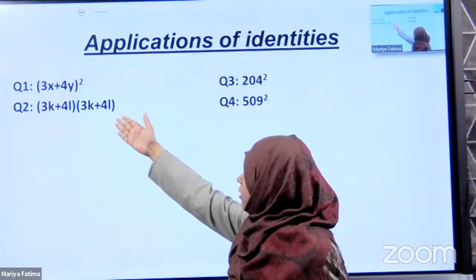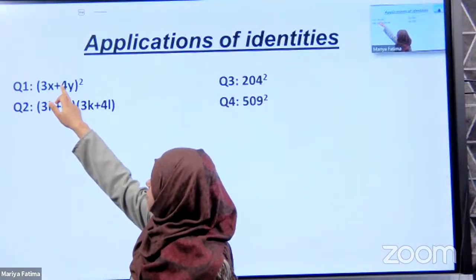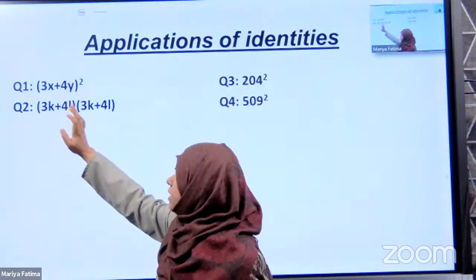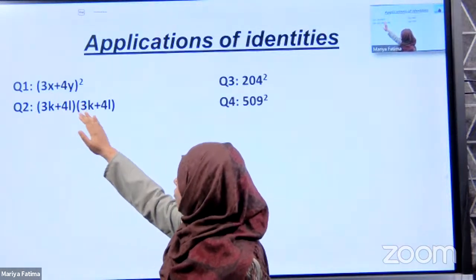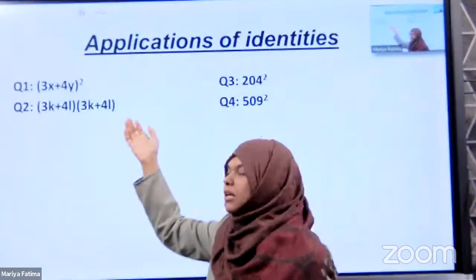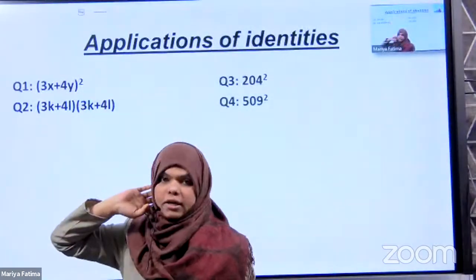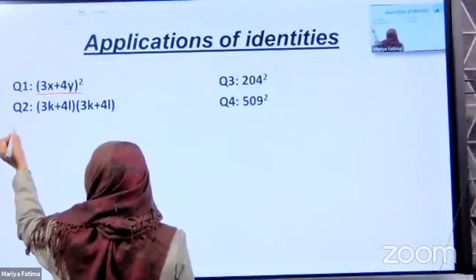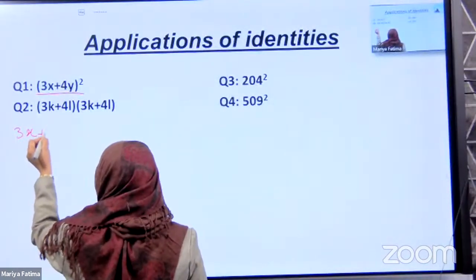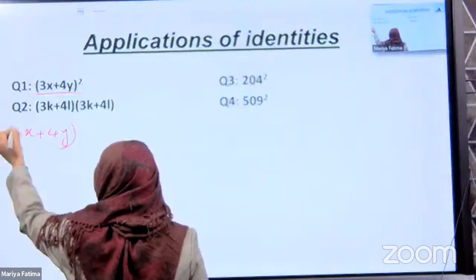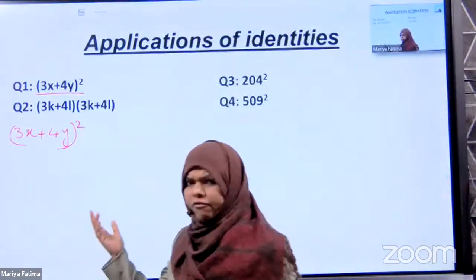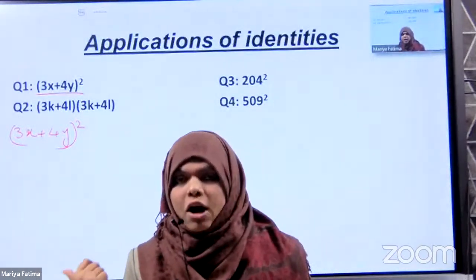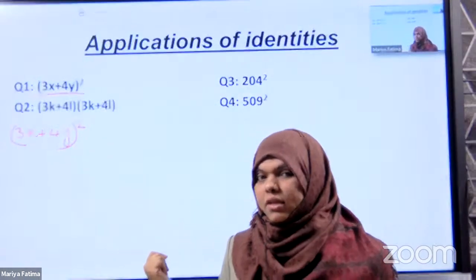Now here we have two questions. 3x plus 4y whole square and the second one is 3k plus 4l into 3k plus 4l. So these two are looking like A plus B whole square. See here, 3x plus 4y whole square. If we don't know the identities, then how to solve this question?